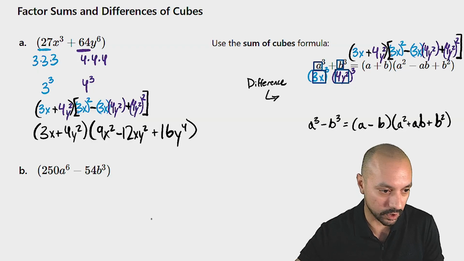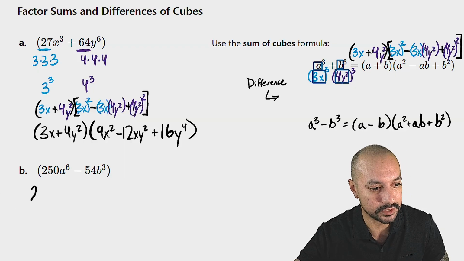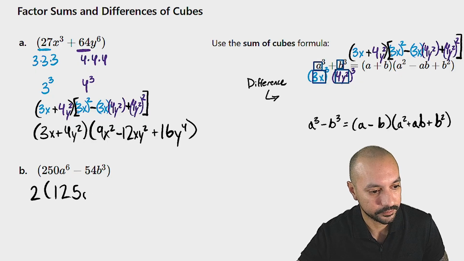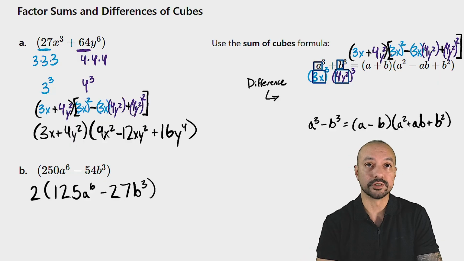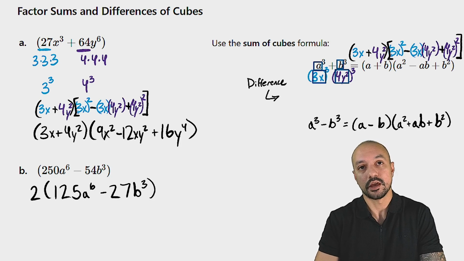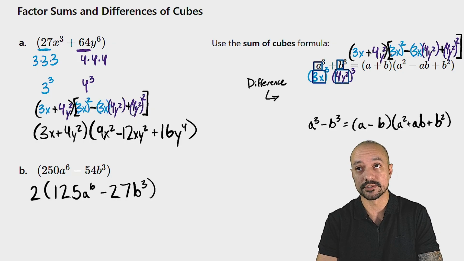So let me go ahead and factor out a GCF of 2, and let me see if that makes it a little bit more familiar feeling. All right, so I took out a GCF of 2, and I ended up with 125 as a coefficient and 27 as a coefficient.